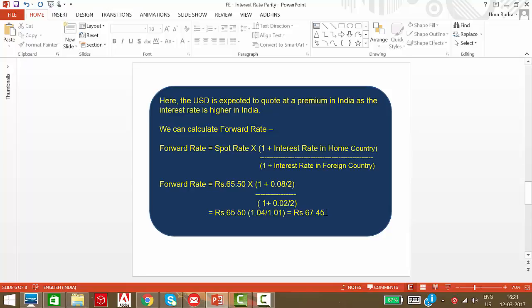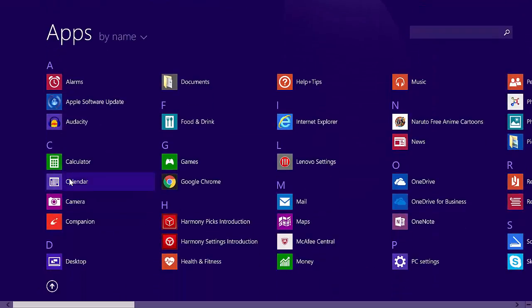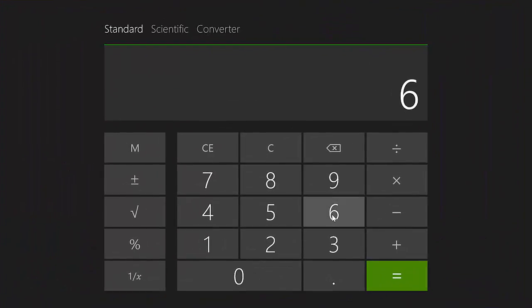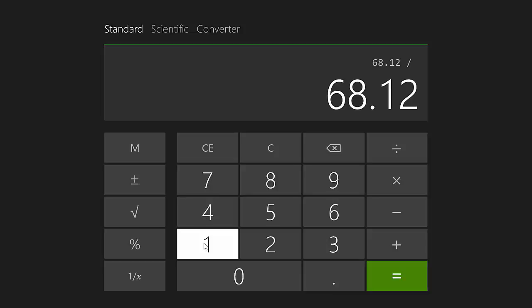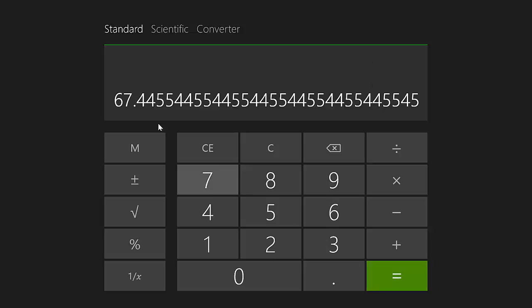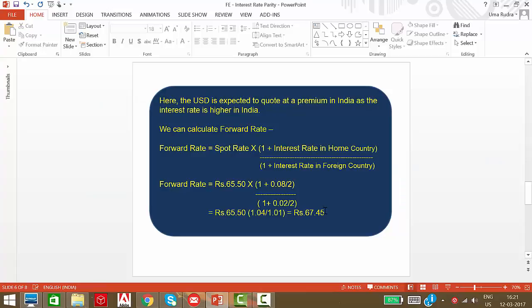I hope I have calculated correctly. Let me check once. 65.50 into 1.04 divided by 1.01 equals 67.45. So this is my forward rate.